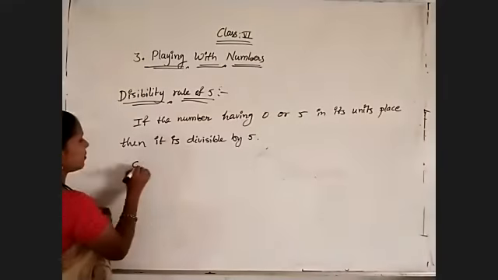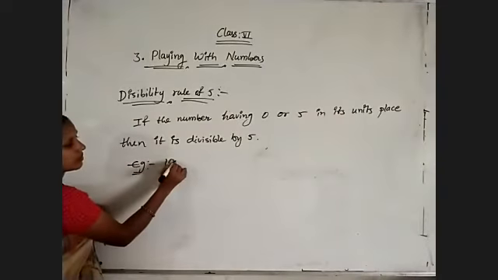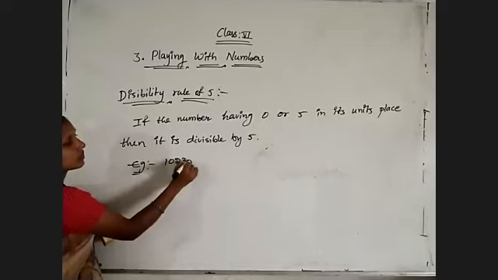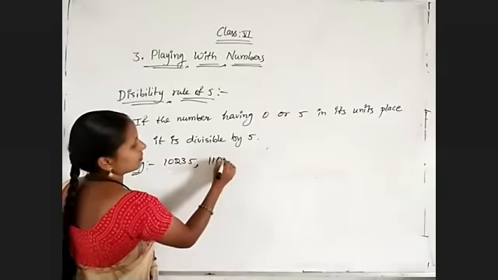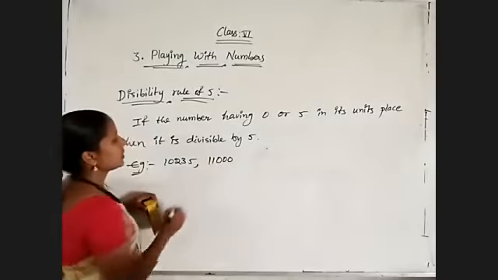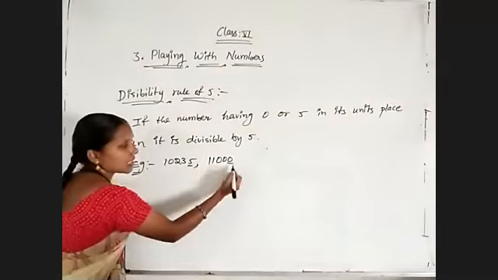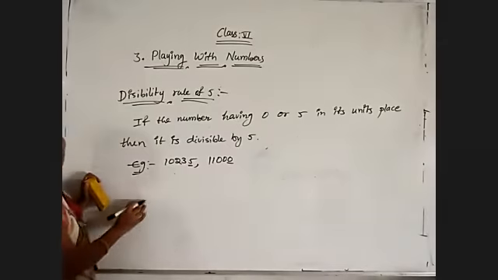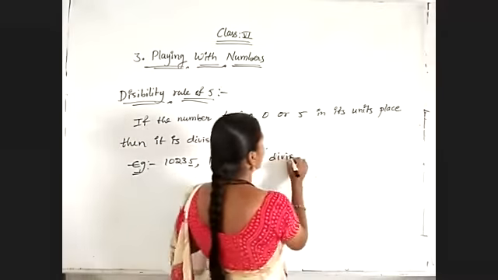So check, for example, these numbers. Because one number has 5 and one number has 0, these two numbers are divisible by 5.